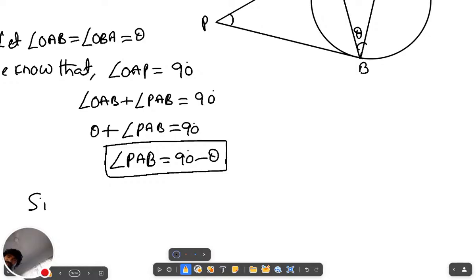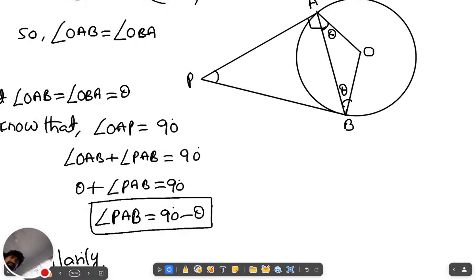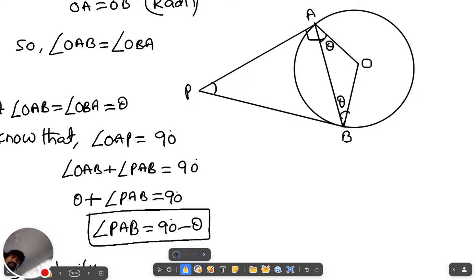Similarly, at B, angle OBA and angle PBA together are equal to 90 degrees.